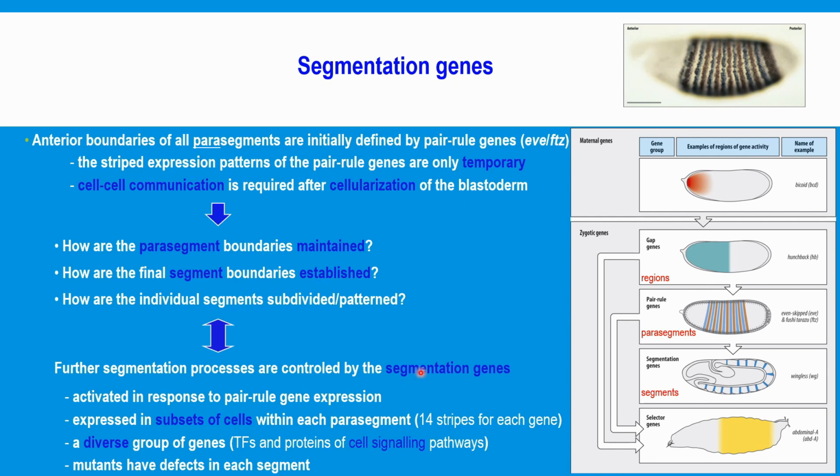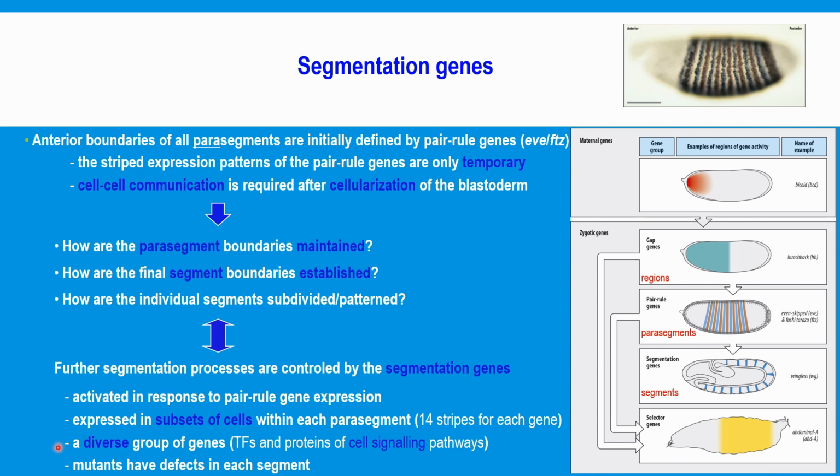So these segmentation genes are activated in response to pair rule gene expression, and they're expressed in a subset of cells within each parasegment, 14 stripes, 7 for each gene.